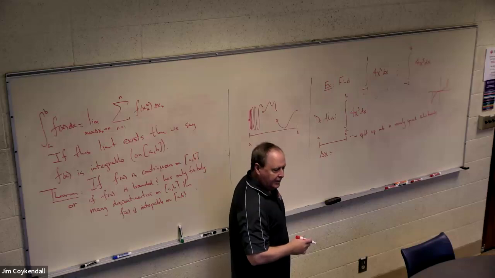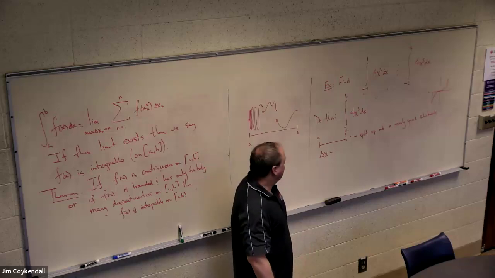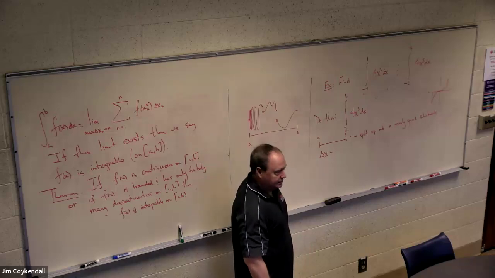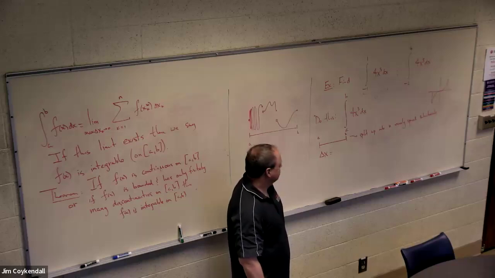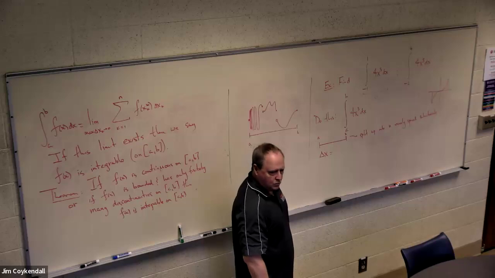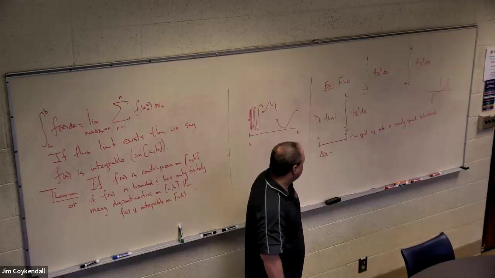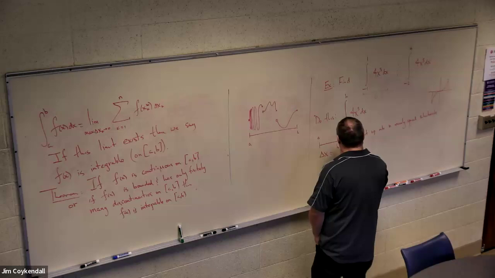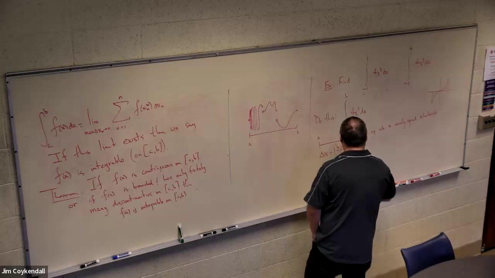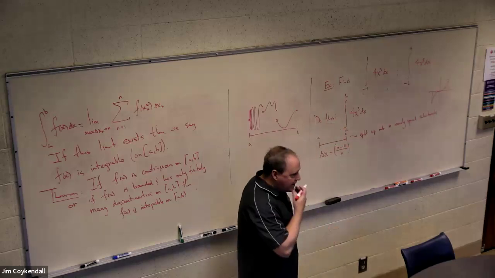The thickness of each of these, what should it be? Right. The length of that interval is b minus a, and the number of pieces is n. Everybody okay with it?